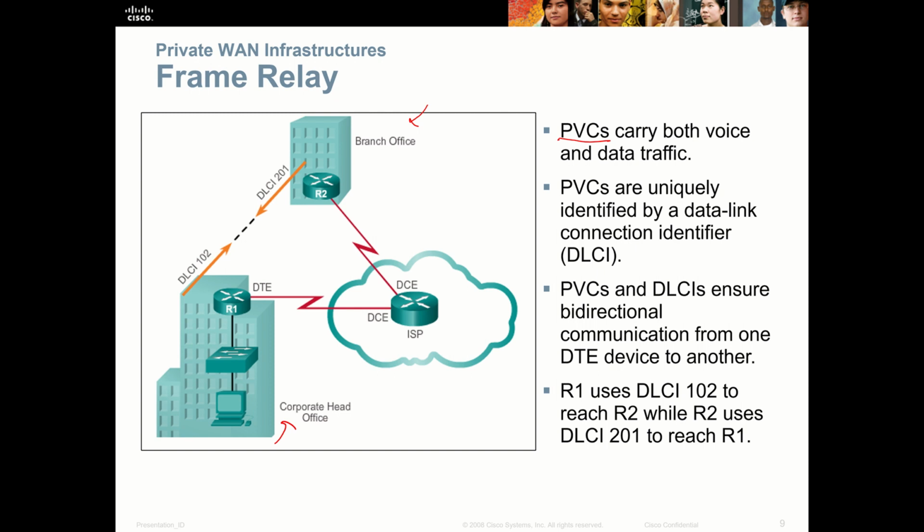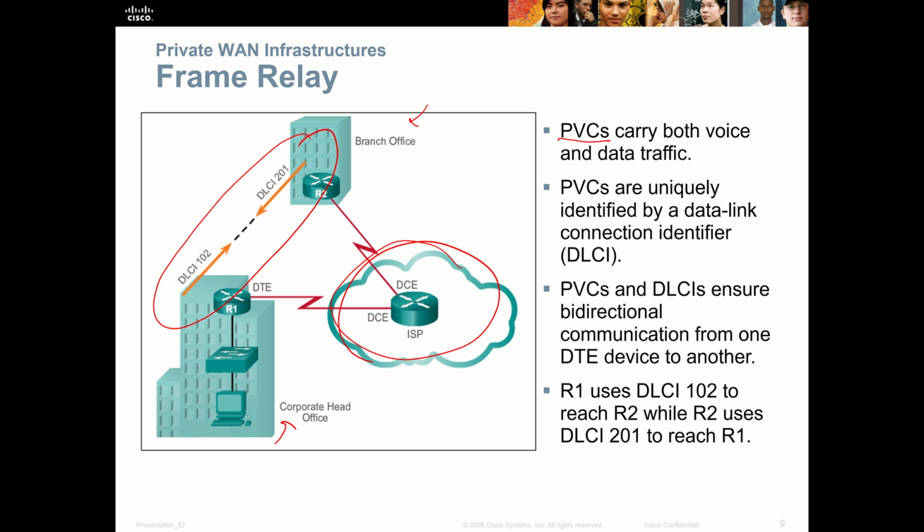Whenever the corporate head office would like to send data to the branch office, they will use this virtual circuit on top of the existing WAN technology. So it looks like there is a dedicated virtual connection.